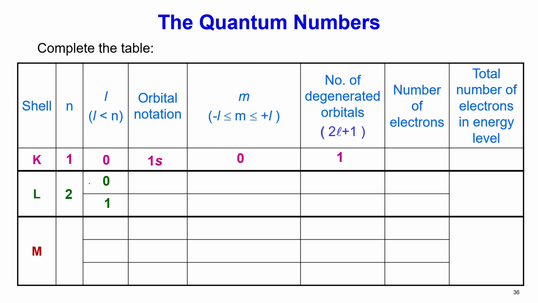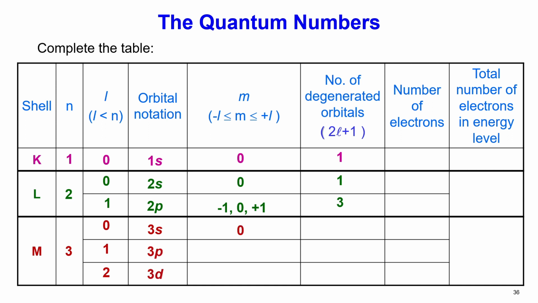Okay. When n is equal to 2, L is equal to 0 and 1. So 2, 0 is 2s, 2, 1 is 2p. So magnetic is 0. The magnetic is negative 1, 0, positive 1. Okay. Number of degenerate orbital, kalau 2s is 1, kalau 2p kita ada 3. Okay. And then untuk n is equal to 3, the value of L is 0, 1, 2. Okay. And then the orbital notation is 3, 0 is 3s, 3, 1 is 3p, 3, 2 is 3d.